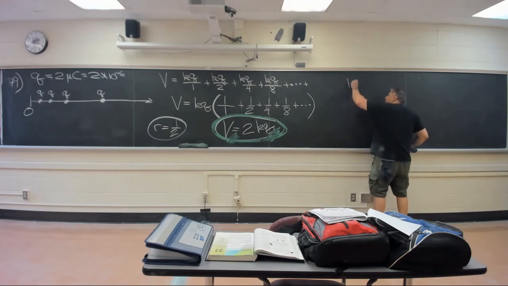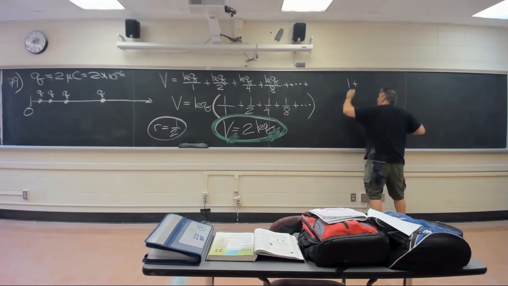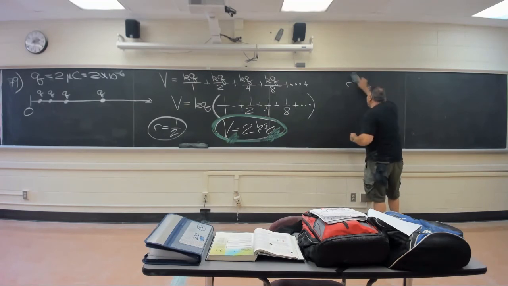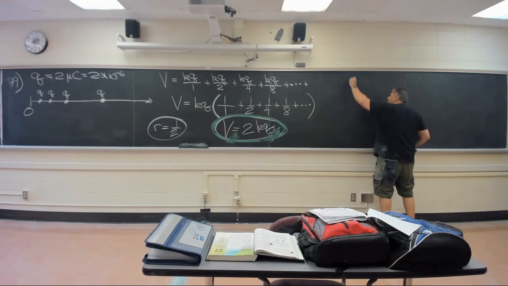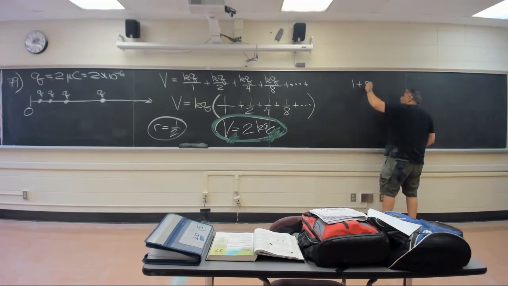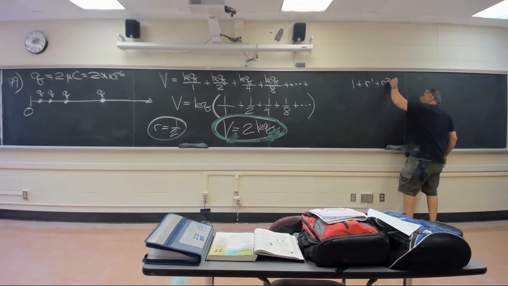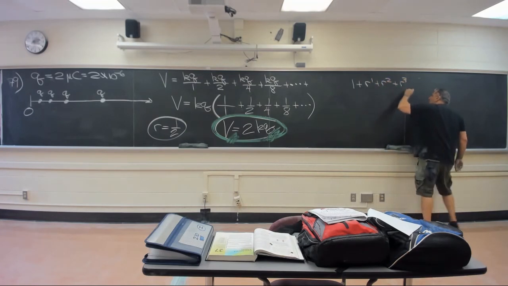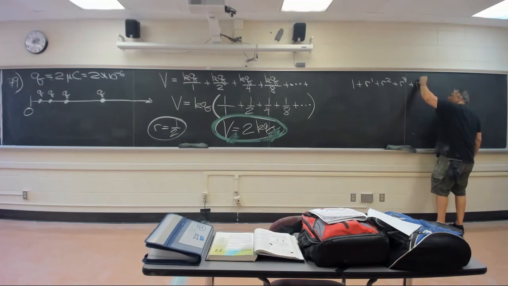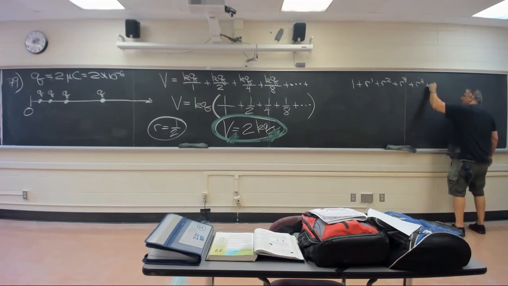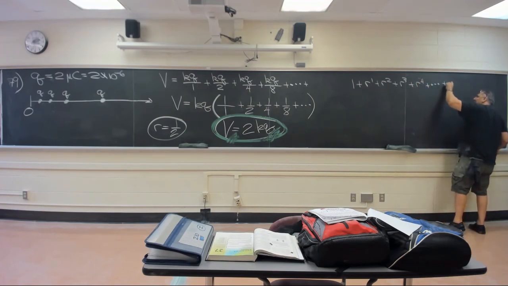If you've got 1, which is r to the 0. R to the 0, if that's a half to the 0, is 1. A half to the 1 is a half. So that's just r to the 1 plus r to the 2 plus r to the 3 plus r to the 4 plus dot, dot, dot, plus, let's say, r to the n.